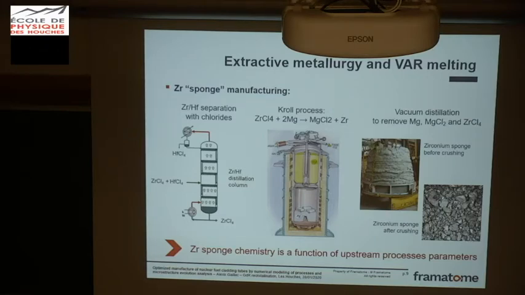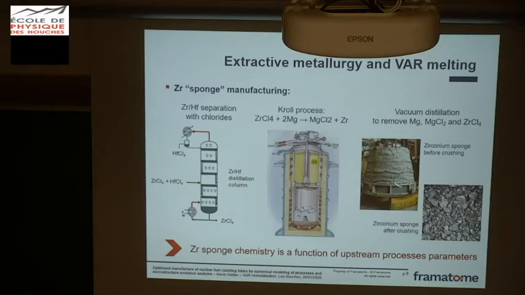And here we have a reaction of zirconium tetrachloride with liquid magnesium, and this gives us magnesium chloride plus metallic zirconium. And at the end we have a mix of this plus some residual zirconium tetrachloride, and with the vacuum distillation process we are able to remove residual magnesium, magnesium chloride and zirconium tetrachloride.